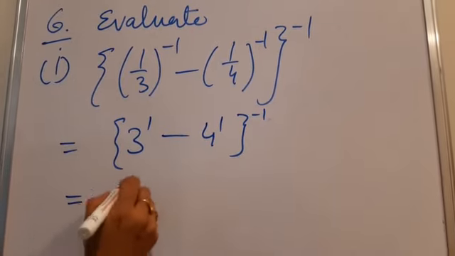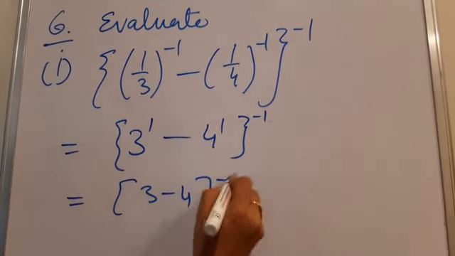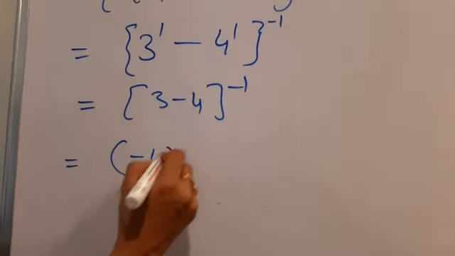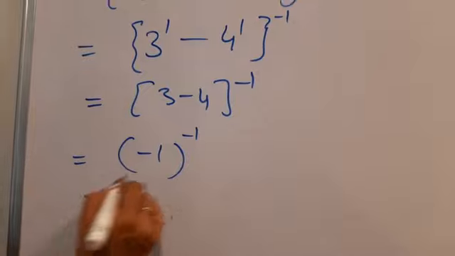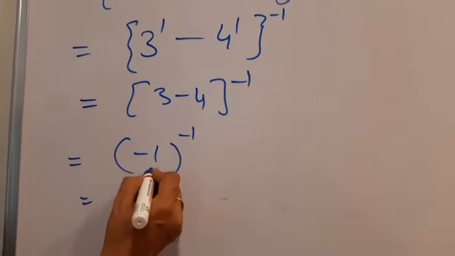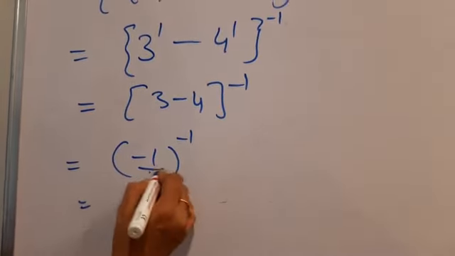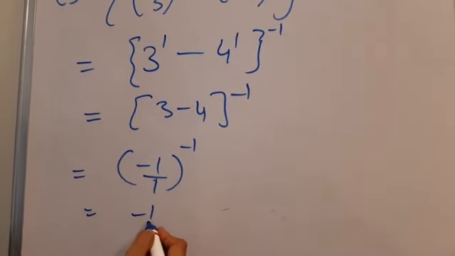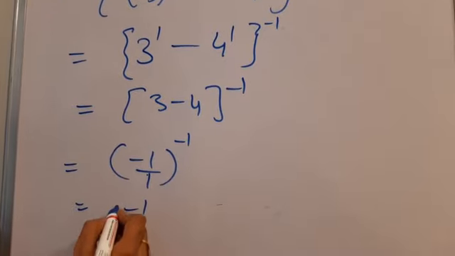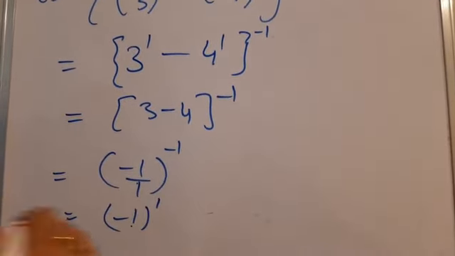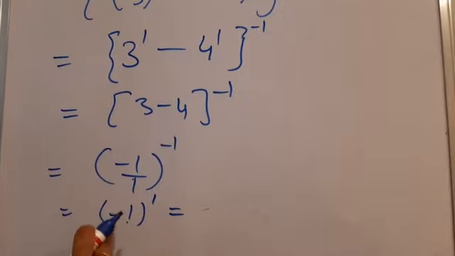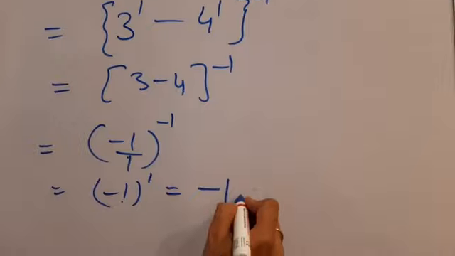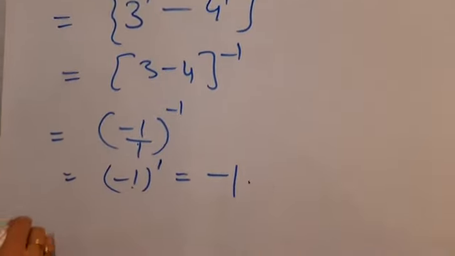It is 3 minus 4 raised to power minus 1. 3 minus 4 will be minus 1 raised to power minus 1. Now to make the power positive, the reciprocal of this will be again minus 1, 1 by 1, and then you do the reciprocal. It will again become minus 1. Minus 1 raised to power 1 will come now. Now power 1 is there, which means one time you have to multiply minus 1, and the result will be minus 1 here.